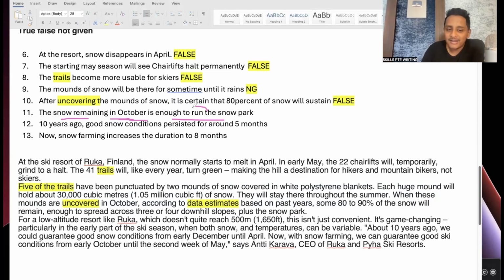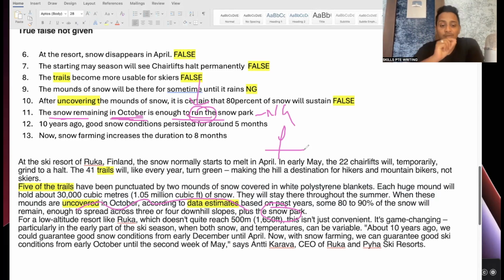Run the park. Is this word there to enough to spread across the snow park? You can spread the snow across the snow park, but because of which can you run the park? There could be electricity problem, there could be other factors we don't know. Running the park, they have not given. The snow remaining in October is enough to spread the park. Now we cannot say false also. It could be enough to run the park as well.